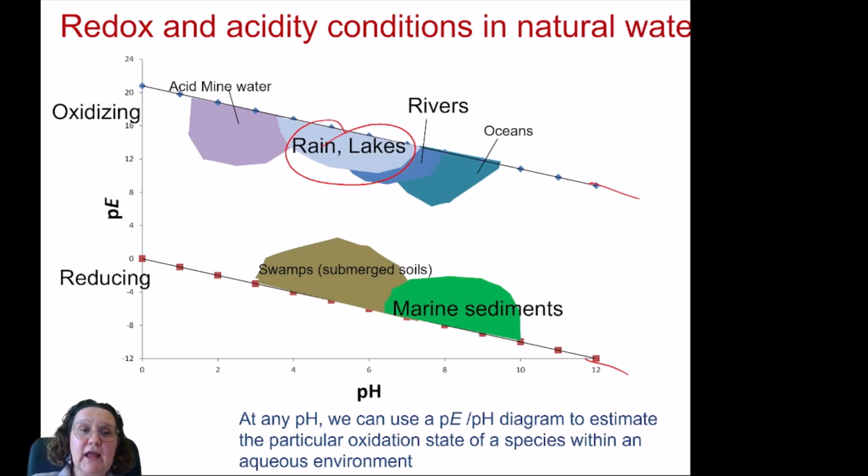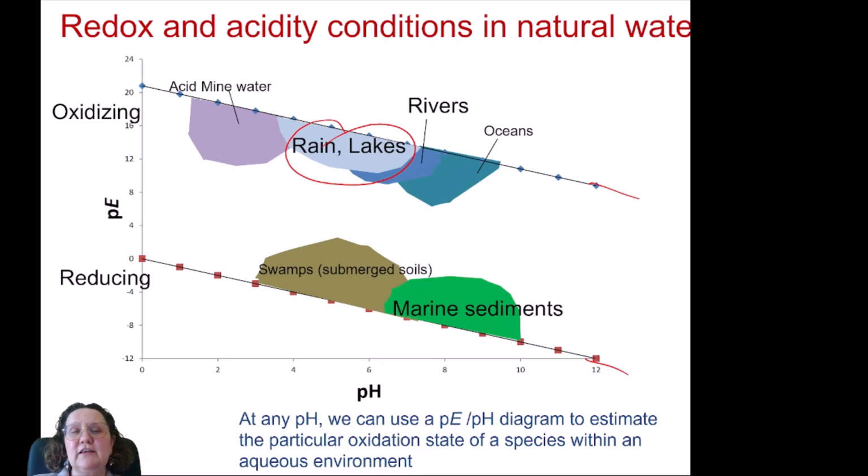And you can create pH-PE diagrams for any species you can think of. Arsenic, chromium, copper, sulfur, and I've got a couple of nitrogen. I've got a couple of examples in later slides. And what it tells you, by knowing the pH of the sample, or simply by knowing roughly, oh, this is a swamp, or this is a river, or this is an ocean, is an indication of what species you're going to have.